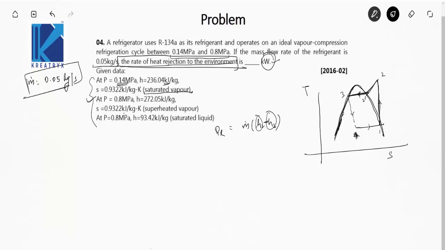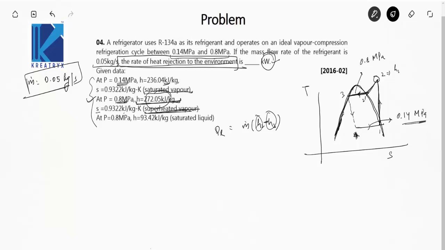So H2 is at pressure 0.8 megapascal, and this is happening at 0.14 megapascal. At pressure 0.8 megapascal, enthalpy is given, but let's see the enthalpy of which state is given. So enthalpy is 272.05 kilojoule per kilogram, and entropy is also given of superheated vapor. So directly this enthalpy is H2.